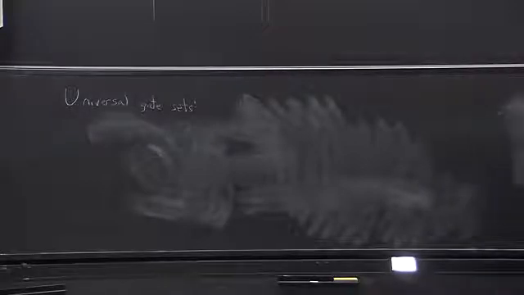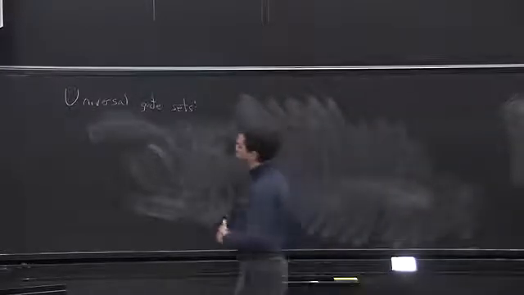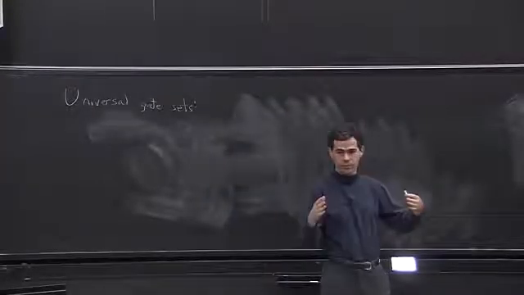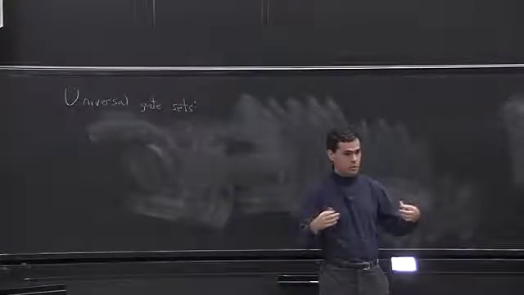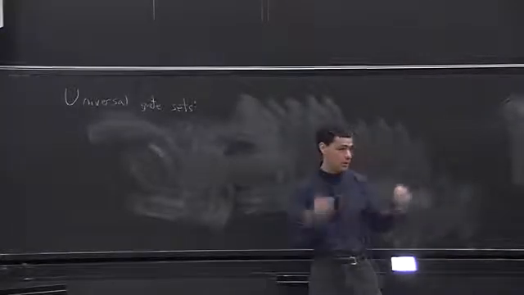But then the question is, can you put those together to do anything you want? Okay? So that's the basic notion of a universal gate set, is a set of gates which by themselves are enough that you can put them together to solve any problem that can be solved.